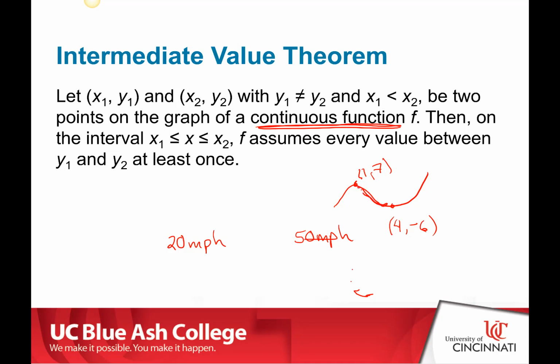At some point along this graph, does it have a y value of 0? It has to, because if it went from a height of 7 to a low point of -6, don't you have to hit 0 somewhere? That's what the intermediate value theorem tells you. That thing is pretty cool.